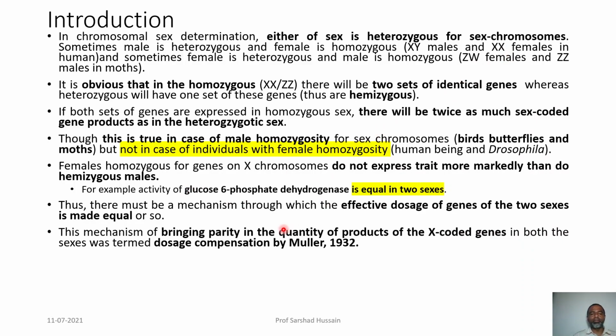This mechanism of bringing parity in the quantity of product of the X coded gene in both the sexes was termed dosage compensation by Muller in 1932.